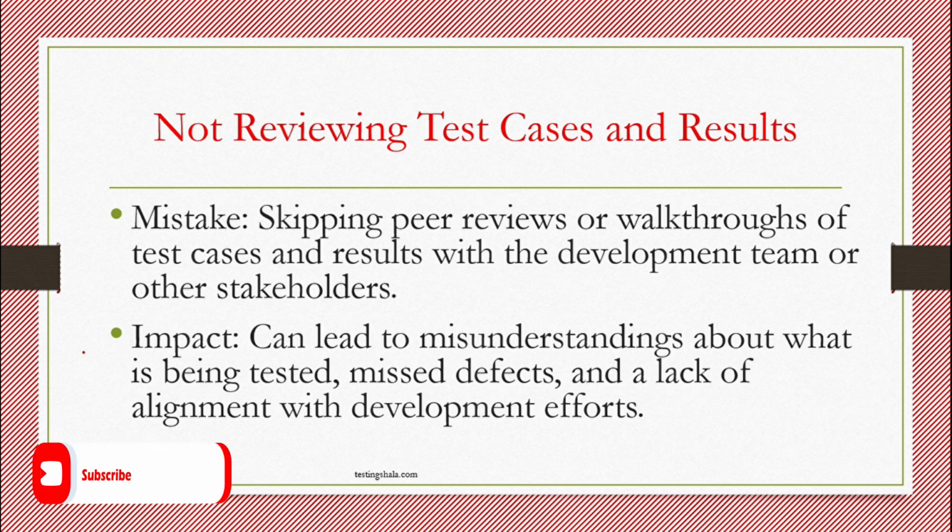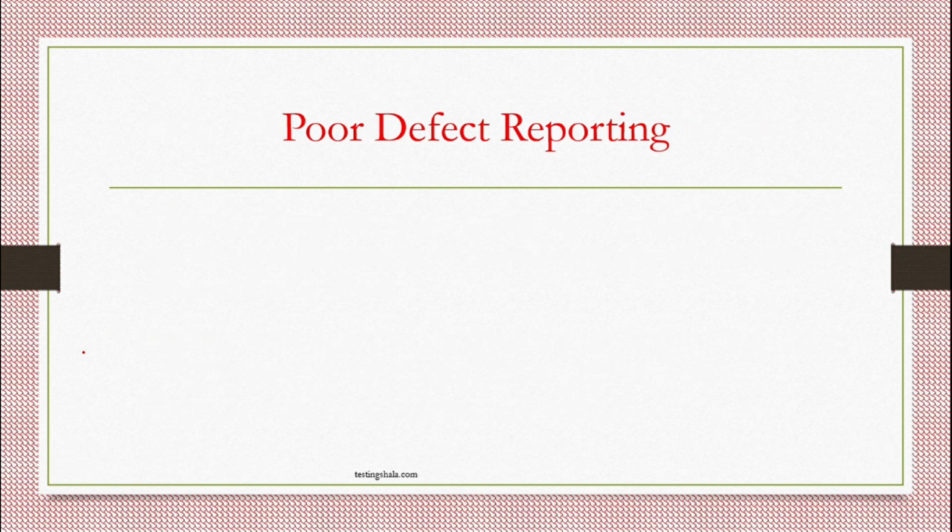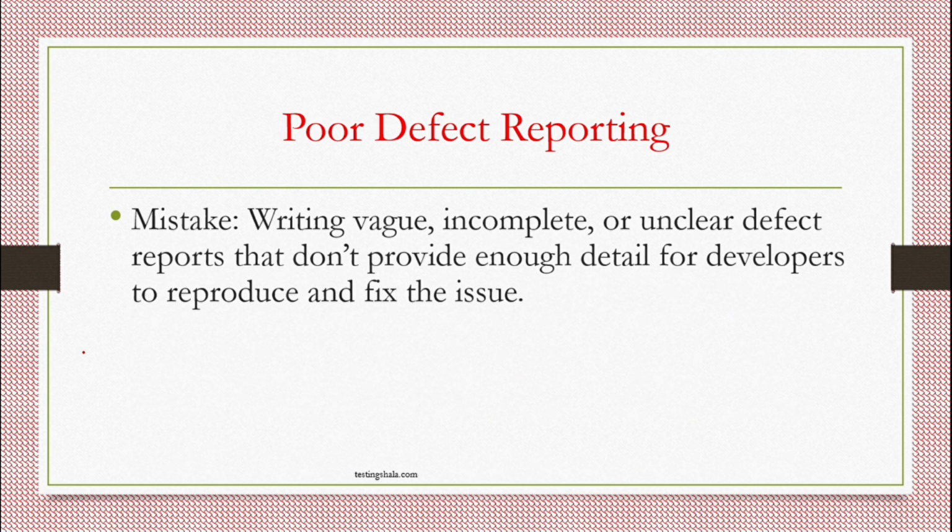And the next one is poor defect reporting. If you are not reporting defects properly, without enough details for developers to reproduce or fix the issue, then that is also another issue. That is a mistake we should not make. We should write detailed, not vague, very clear defect reports.